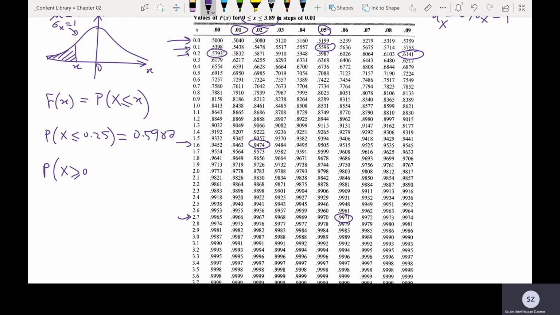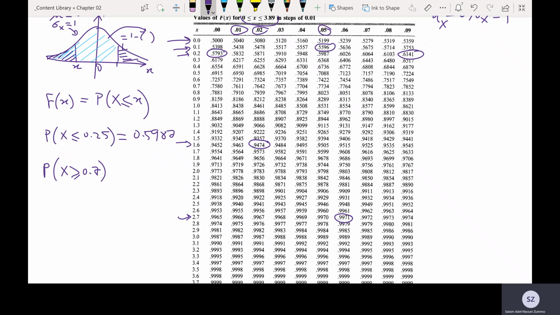Now, if I ask you another question: what is the probability that x is larger than or equal to 0.7? Larger means I'm looking at this tail. This positive tail equals 1 minus the rest, the remaining area. Is that clear?